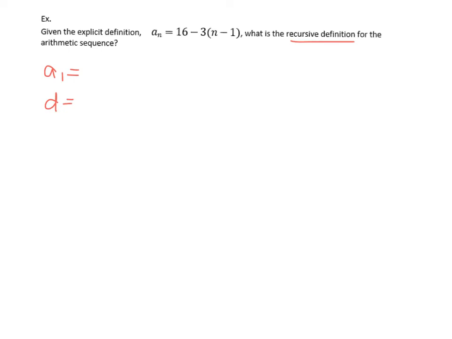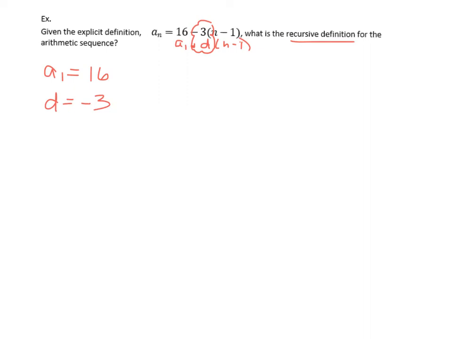Using the definition, a sub 1 is always going to be that first term in the formula. So a sub 1 should be 16. And then technically it's plus d times n minus 1. So this would be your d value, but it's negative. That would mean in your pattern you're subtracting 3 each time.